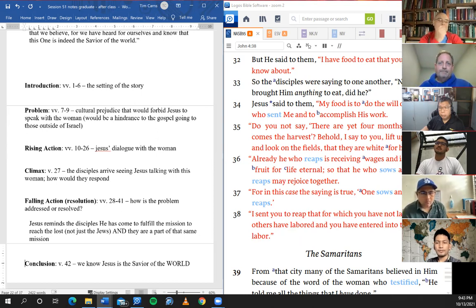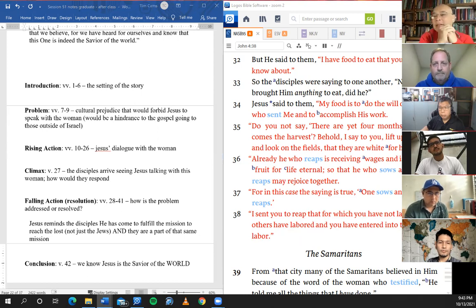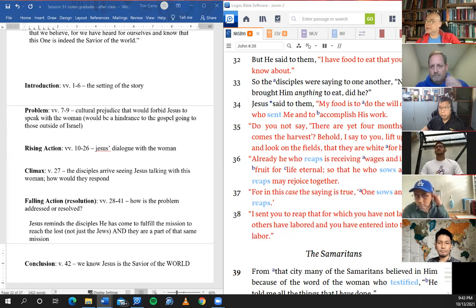I still have that notion of the climax as the high point of the story, and so if it would be the high point, I would be including the conversation from verse 31 to verse 38 as the climax.